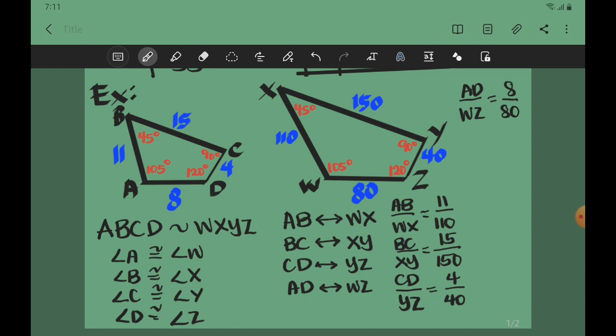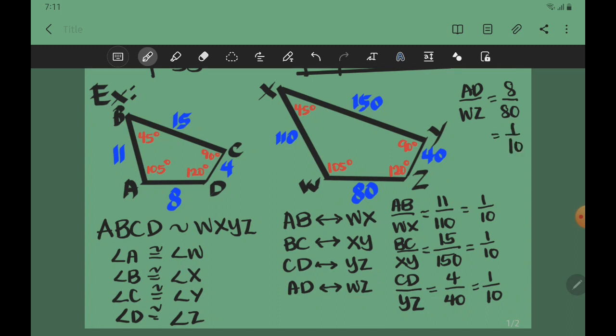If we are trying to get the common ratio, we just need to reduce the given fractions to lowest terms. So 11 over 110, the lowest term of it is 1 over 10. And then 15 over 150, that is also 1 over 10. And then 4 over 40, that is also 1 over 10. And then 8 over 80, that is also 1 over 10.